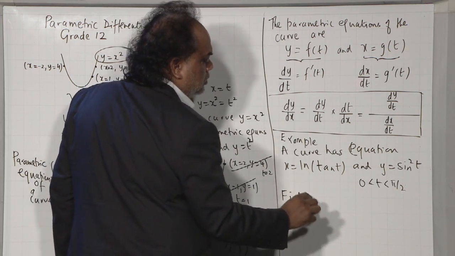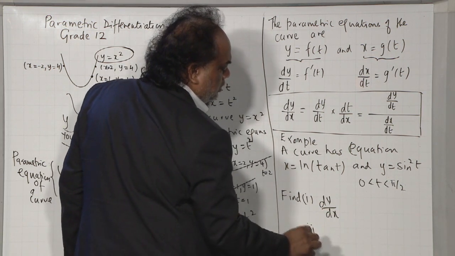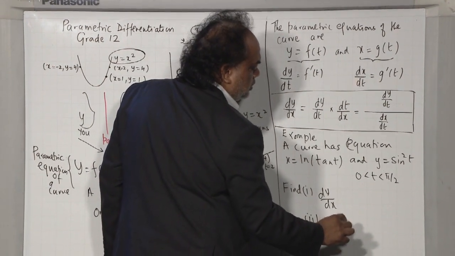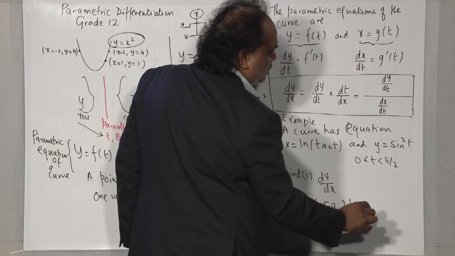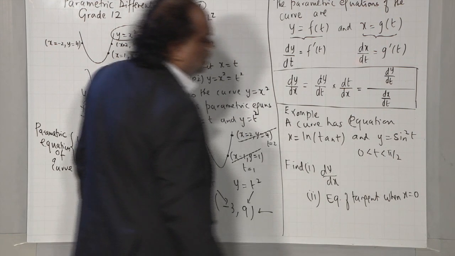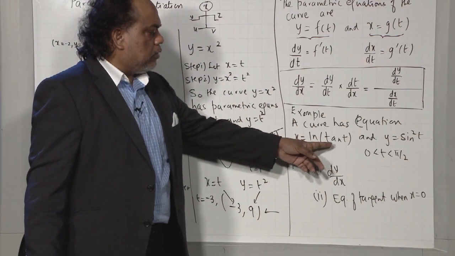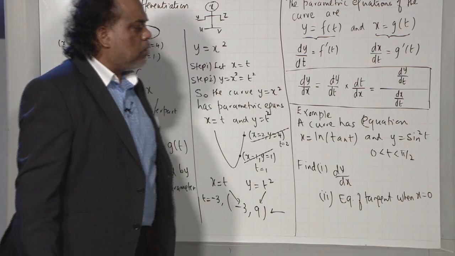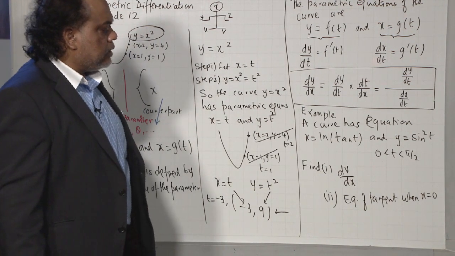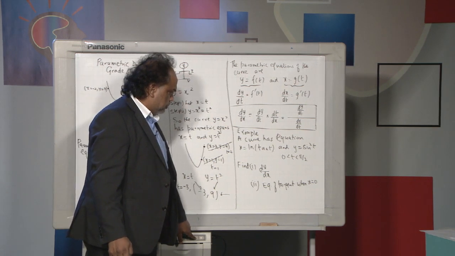Find dy by dx first, and second, the equation of tangent when x equal to 0. So a curve has equation x equal to ln of tan t and y is equal to sine squared t. Find dy by dx and equation of tangent at x equal to 0.